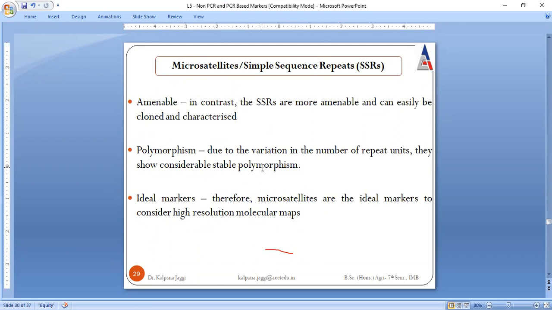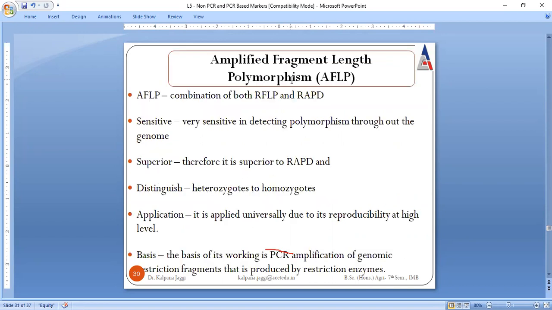All the time they show variations, and the variations are always stable. That means they are always producing stable polymorphism. These are the ideal markers which are considered for high resolution generation of molecular maps. So this is a bit about simple sequence repeat.